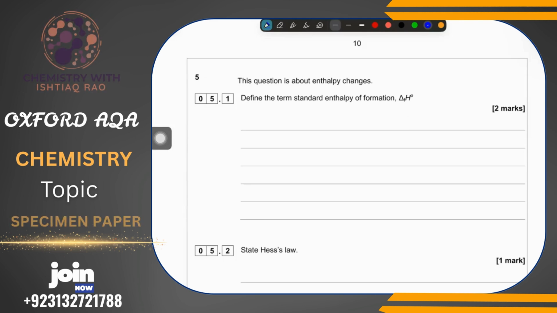I don't remember this theory part, but I can say that it's the enthalpy change when 1 mole of a compound is formed from its elements in their standard states under standard conditions.